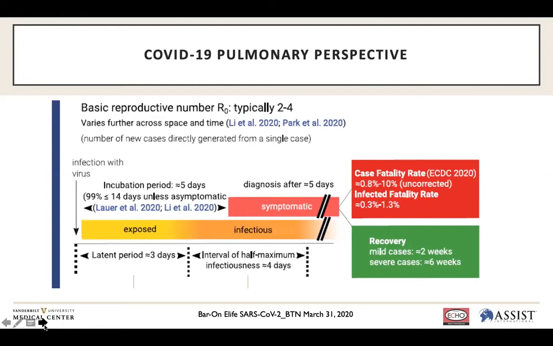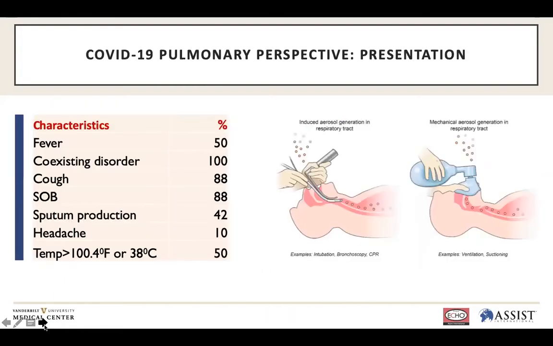Next slide, please. If you think about the presentation, they're not specific. There is no one typical presentation of COVID-19. You see the symptoms that are associated with the presentation published by our Chinese colleagues out of their first 250 cases. They're very non-specific.